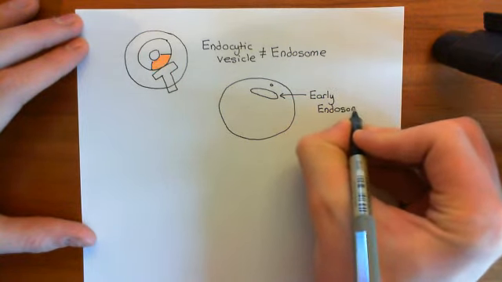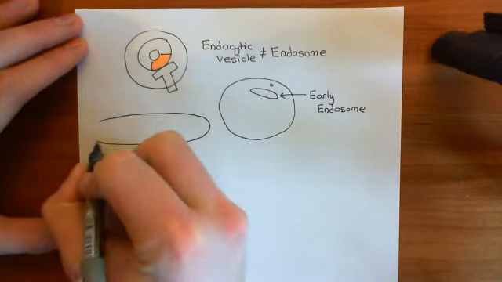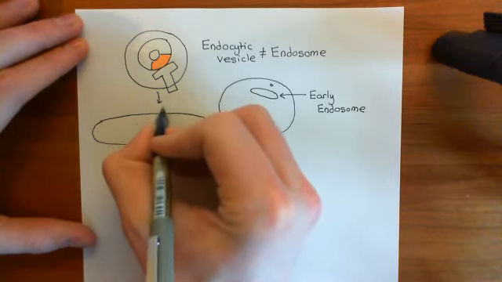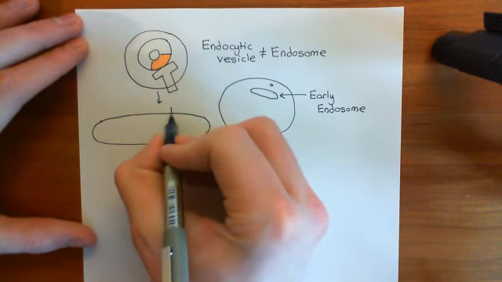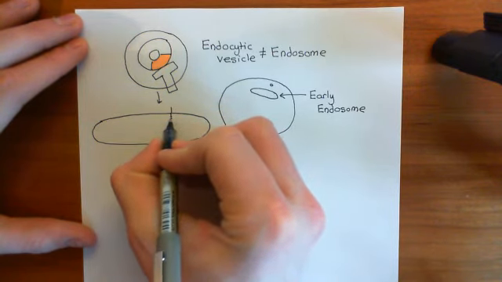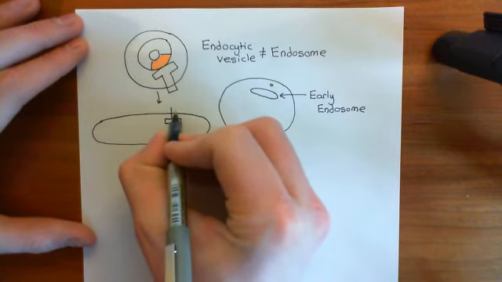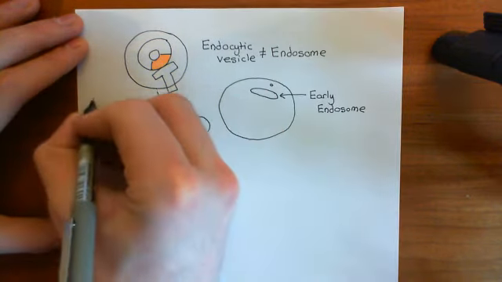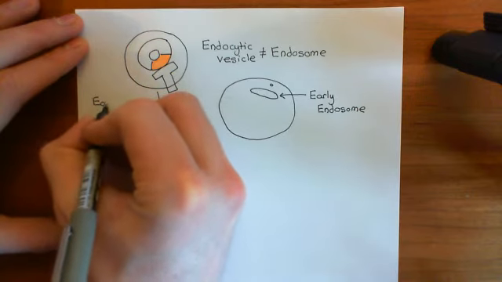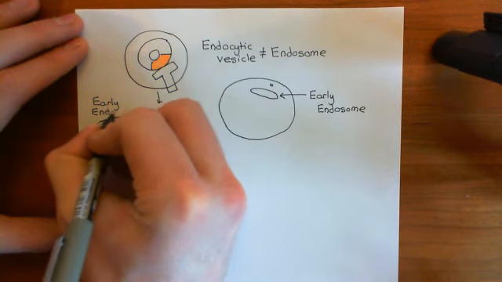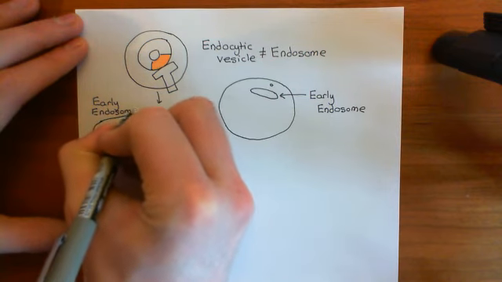Okay, so what's going to happen then is if we draw this here, here is the early endosome, and the endocytic vesicle is going to come and fuse with the early endosome, and then what will end up happening is that the LDL receptor will end up in the membrane of the endosome. Specifically, this is the early endosome at the moment. Okay, and it will also have this LDL particle bound to it.